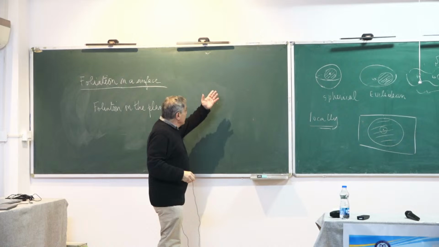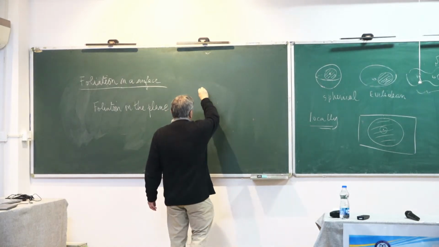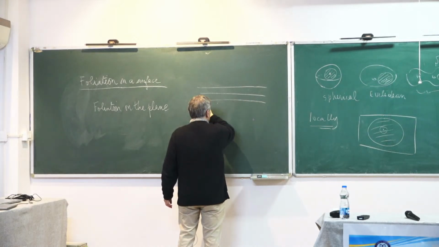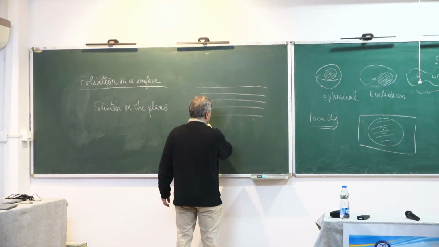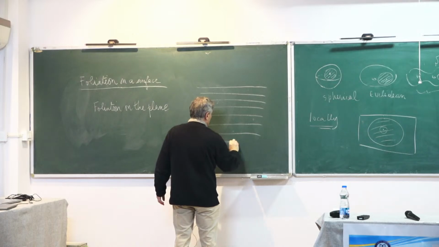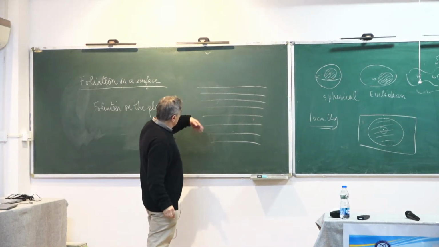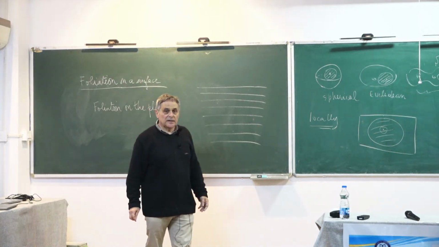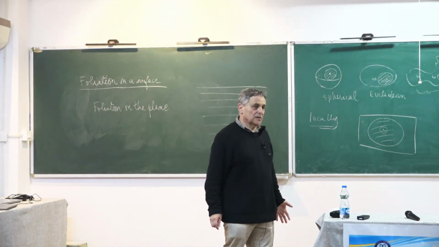So I have my plane here. I want to draw just a set of lines. So you fill the plane with horizontal lines. This is an example of a foliation.